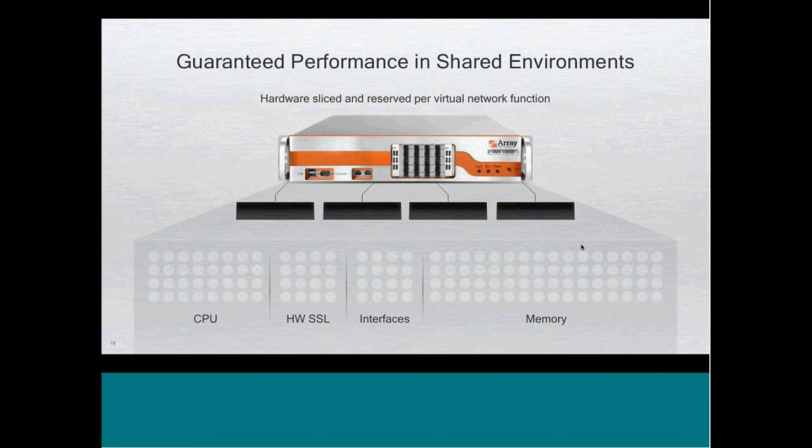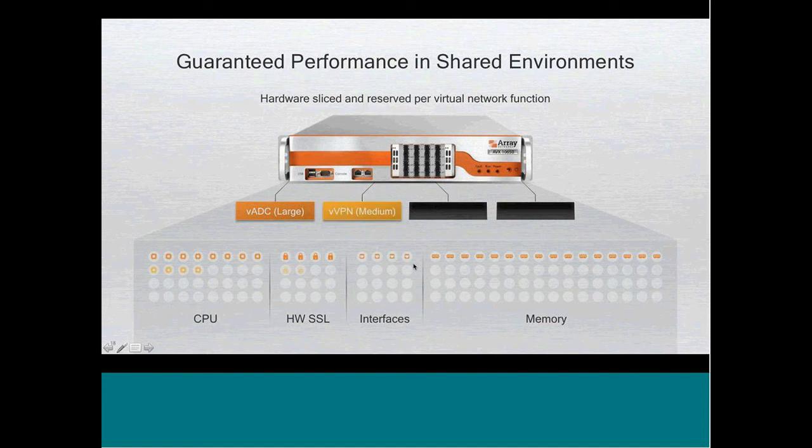So let me give you an example of what is happening and how this typically works. Imagine on a virtualized platform like this, you say, I want to run a large instance of a virtual ADC, or virtual application delivery controller. As soon as you create a virtual appliance that is a large instance, you can see that 8 CPU cores get allocated, 4 SSL cores get allocated, 4 interfaces are allocated, and some memory gets allocated.